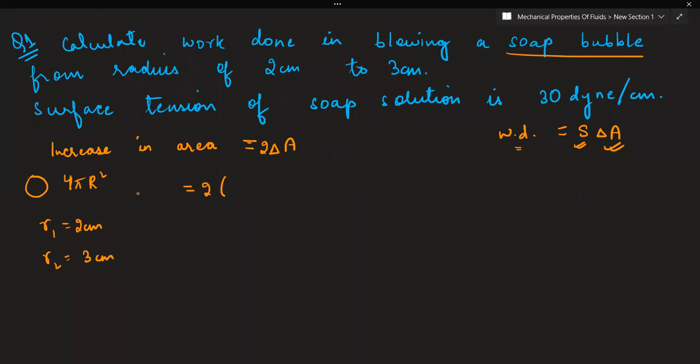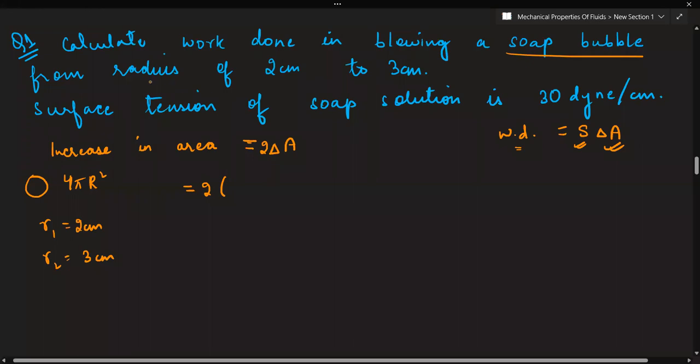Four pi r square is the surface area of a sphere. R1 is the initial radius, R2 is the final radius. Soap bubble. Final radius is 3 centimeter, initial is 2 centimeter.